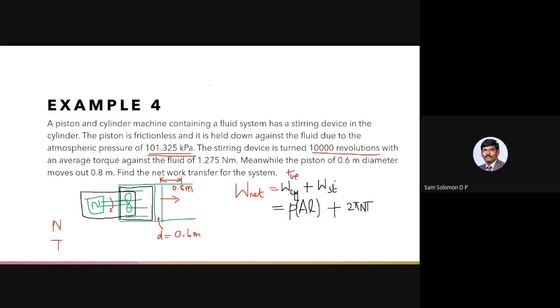Warmer. Why is it warmer? Because electrical energy is converted into a form of heat energy, sir. Because the fan has been doing some work on the air, and when it was doing work on the air, the temperature of the air has risen, right? Yes, sir. Similarly here also, the stirrer is doing some work on the air.